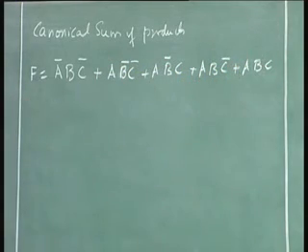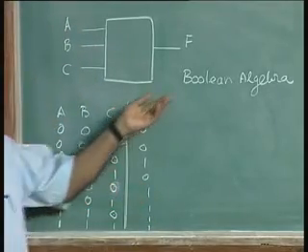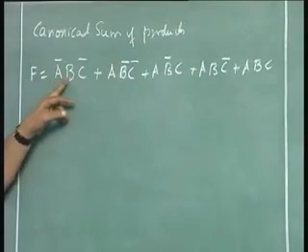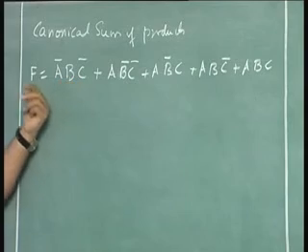These are the 5 combinations of inputs, true or not true, for which the output is true.